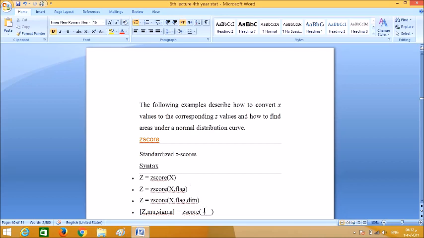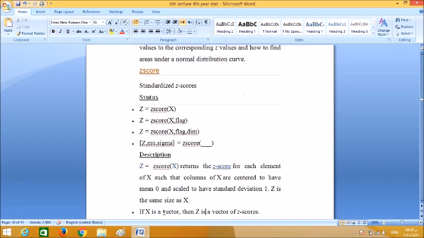If x is any data, then you get the z score and mu and sigma of this data. If you don't know the mu and sigma of the data, you can get the z score, mu, and sigma at the same time.